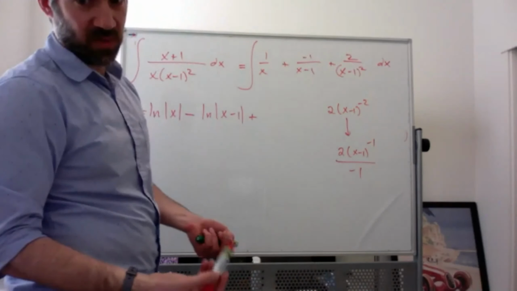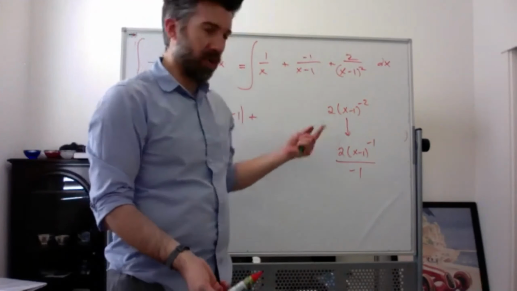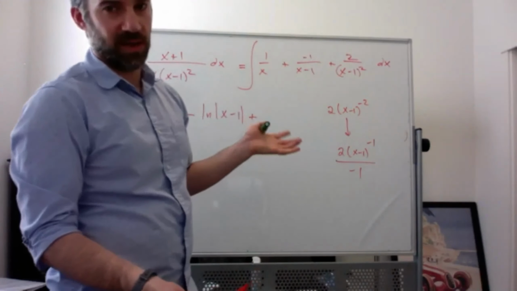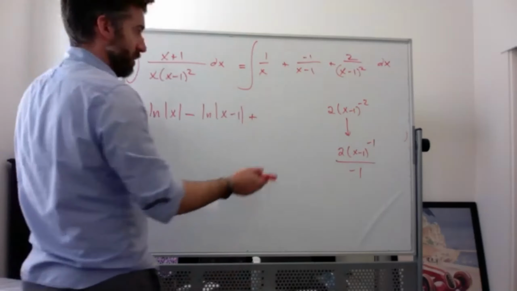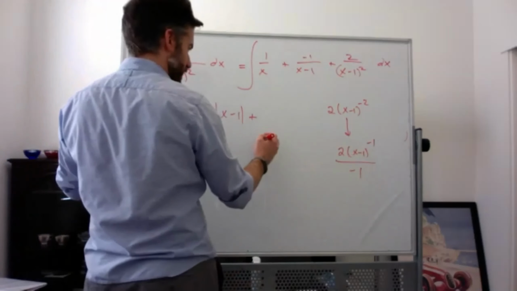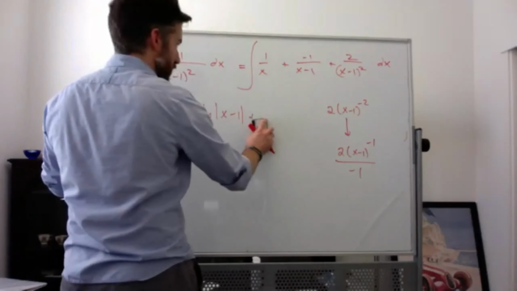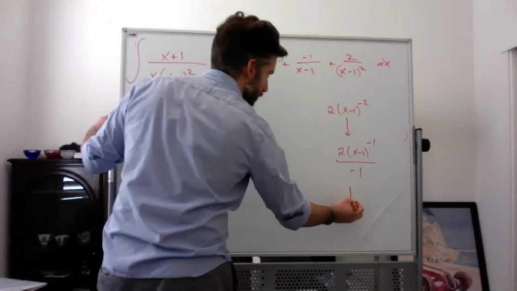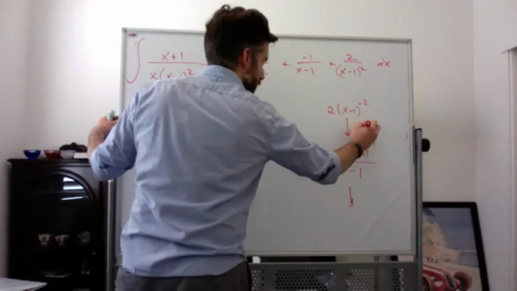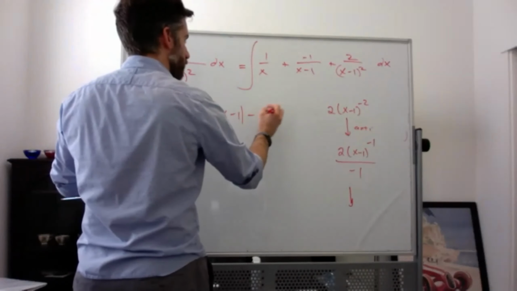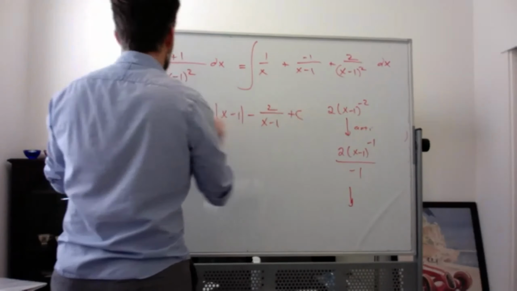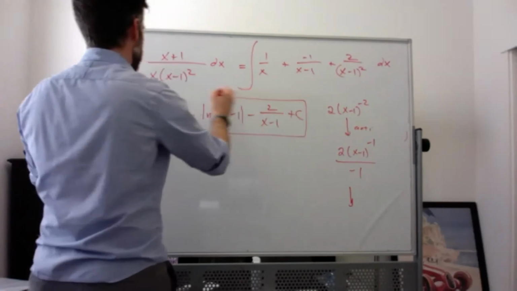I'm just using the reverse power rule, and I'm not worrying about the fact that it's x minus 1 because you do a quick substitution there. So we end up getting this, which I'm going to write as negative 2 over x minus 1. So that's how you would finish that problem off.